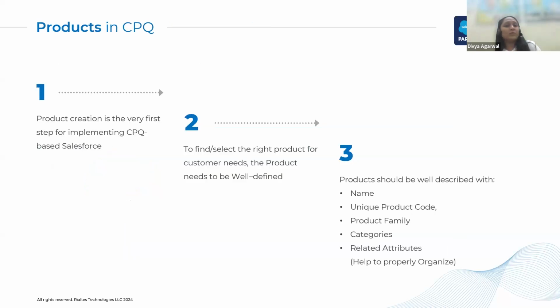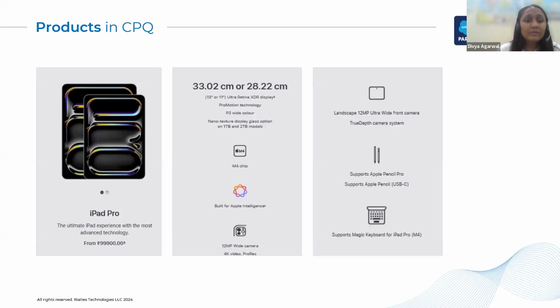Let's discuss products in Salesforce CPQ. Product creation is the very first step for implementing CPQ-based software. To select or find the right product, it needs to be well described or well defined. A well-described product includes name, unique product code, product family, categories, and related attributes. For example, this is an example of iPad Pro, taken from the Apple website.